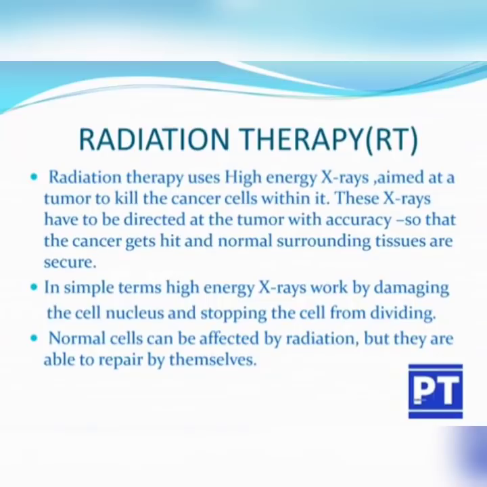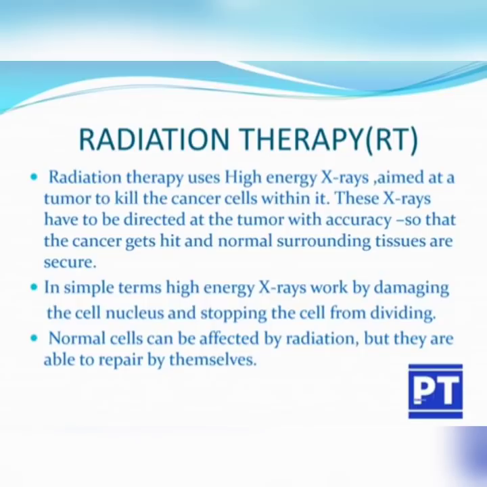Radiation therapy, RT, uses high energy X-rays. From that sentence itself you understood that we are using X-rays for treatment. Yes, the beam we use in radiation therapy nowadays is X-rays. But these are different from the X-rays we use in the radiology department for taking X-ray images. Here we are using high energy X-rays, aimed at the tumor to kill the cancer cells within it.